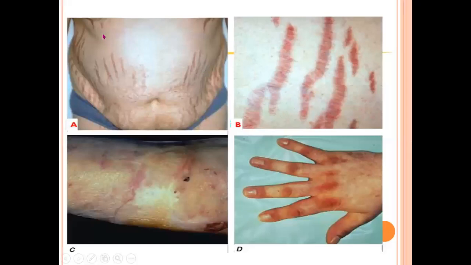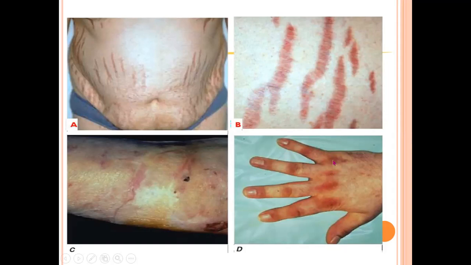Now, you see, this is the central obesity, accumulation of fat around the abdomen, and these are the stria, and this is the easy bruising. This is the picture of the stria because the skin is thin, and there is mild deposition from the breakdown of the RBCs, and there is prominent bruising.